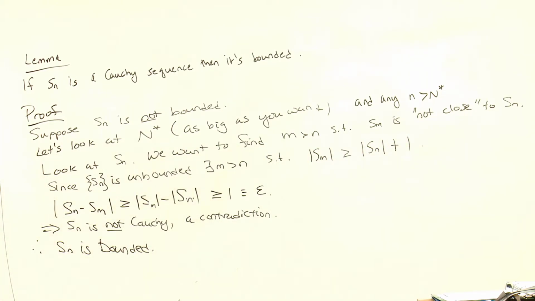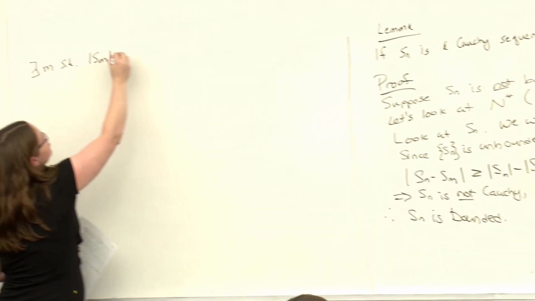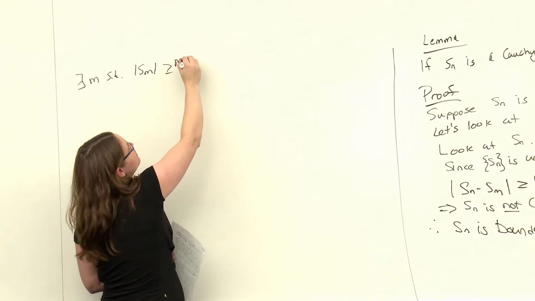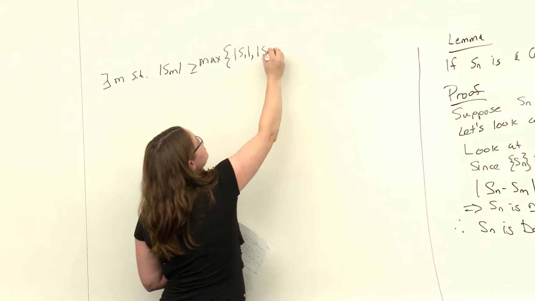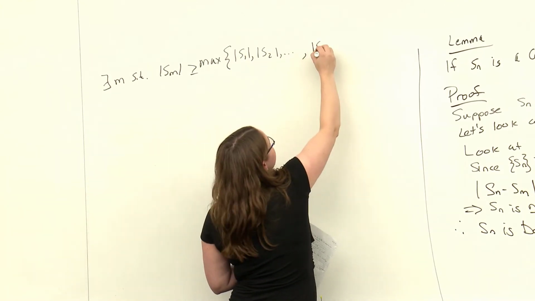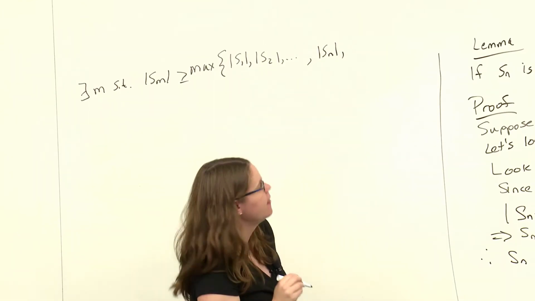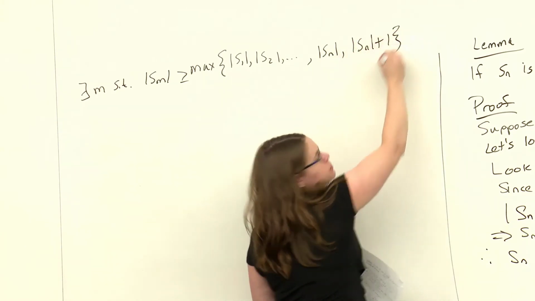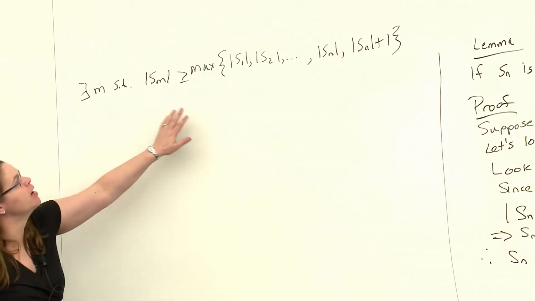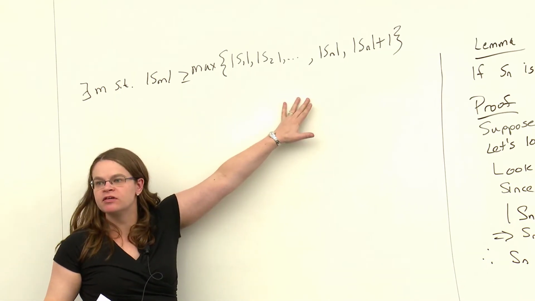So what I did here was to say I can find some m such that Sm is bigger than or equal to the maximum, say, of S1, S2, ..., Sn, and Sn plus 1. And this is a finite number of things in here, so this maximum exists.